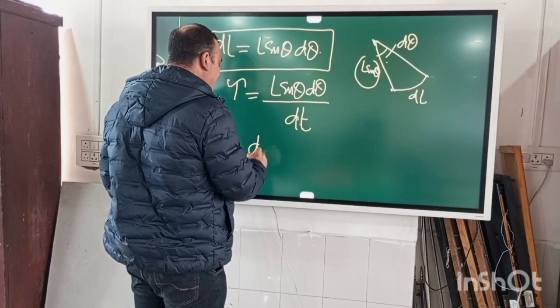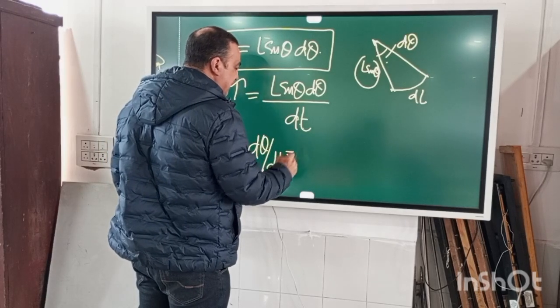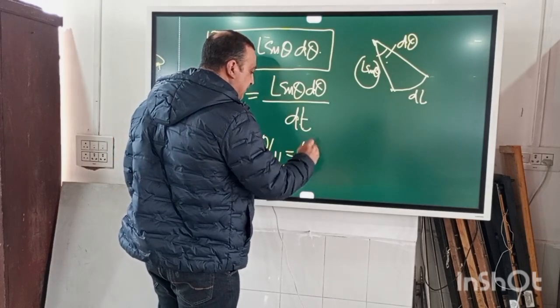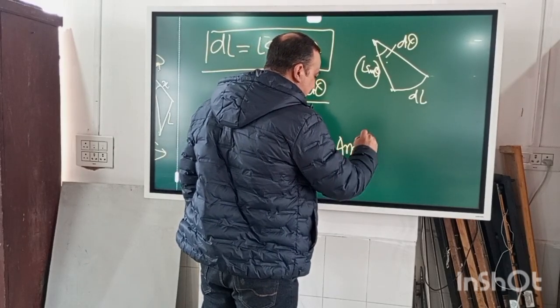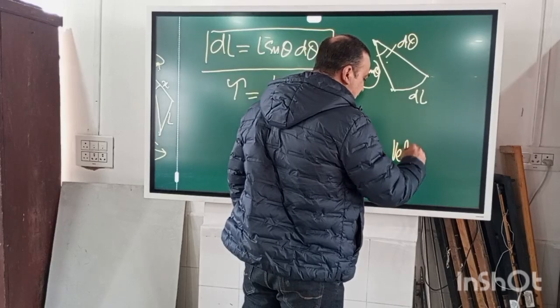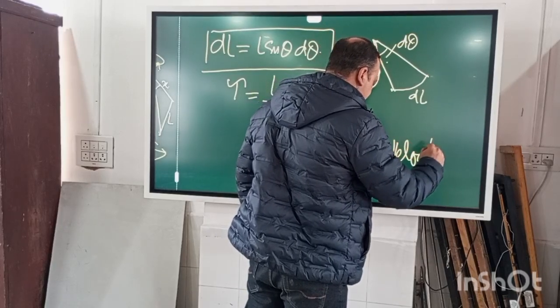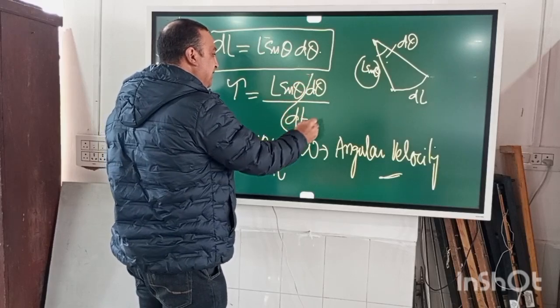Now, we understand that the time derivative of the angular displacement is nothing but the angular velocity omega, which you can also call the angular frequency.